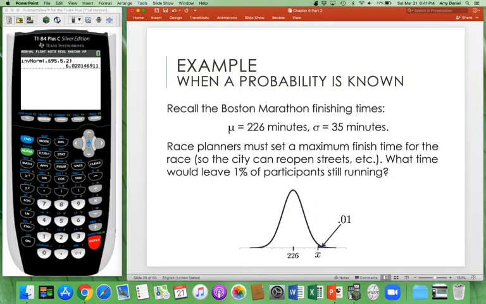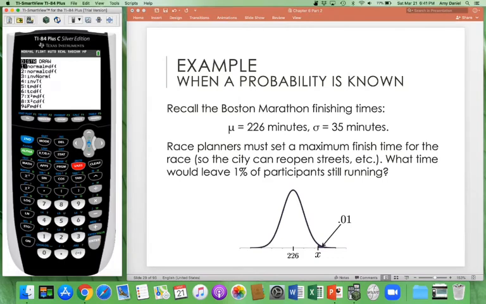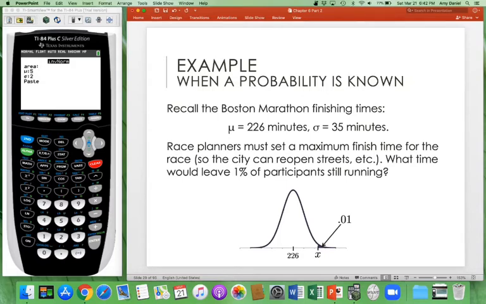All right, so we want to figure out what that is. Again, I'm going to go into my calculator, second vars, to do my inverse norm, option number 3. And the area, again, I want to enter in the left-tailed area associated with my x value. Once again, I've got the right tail area shaded, so I need to plug in the 0.99, the 99% that's to the left of my x value.